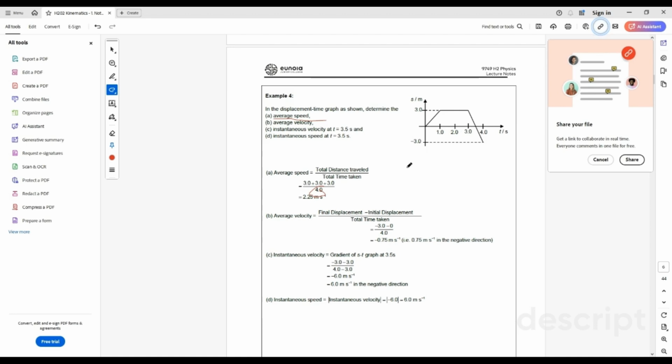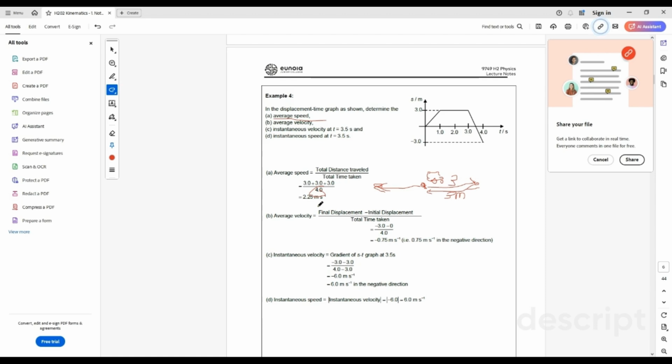So to visualize, imagine this is a car. It traveled 3 meters here, and then it traveled 3 meters back, 3 meters in the opposite direction. So which means that in total it traveled 3 times 1, 2, and 3 to get 9 meters. So we just divide by 4, which is the total time taken, to get 2.25 meters per second.